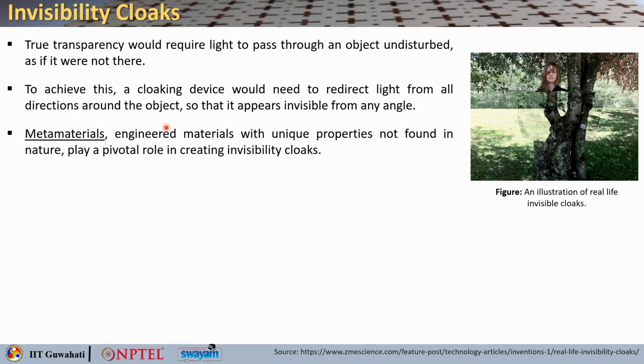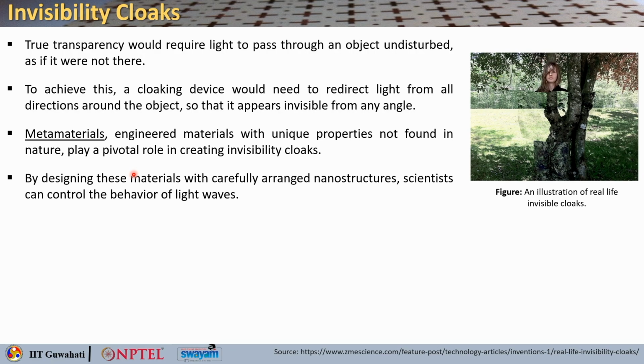That makes it even more complicated, that you want it to work for the entire visible range and for all the angles. That is where you need metamaterials, which are engineered materials with unique properties, to play a vital role in creating these invisibility cloaks.